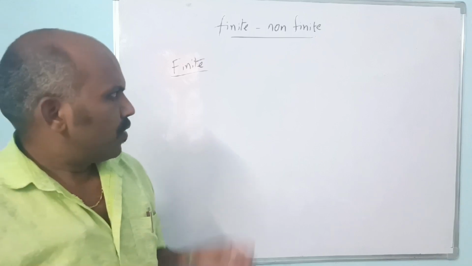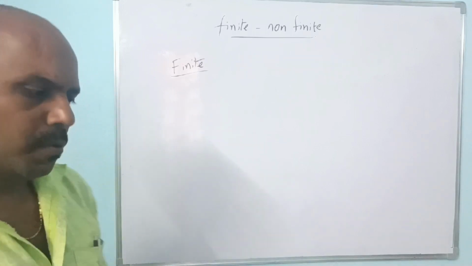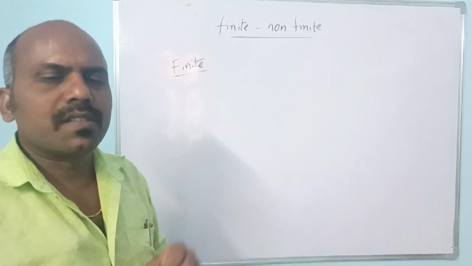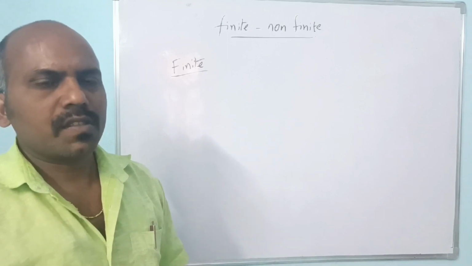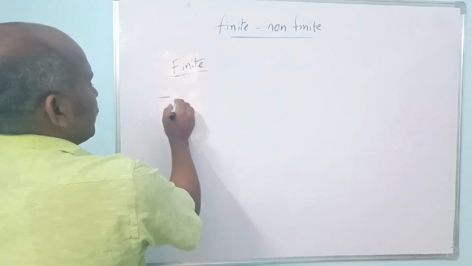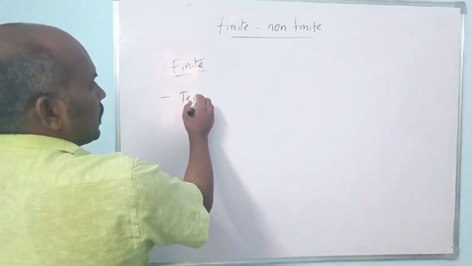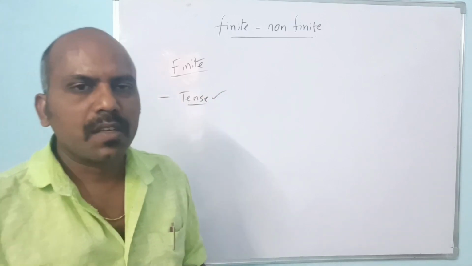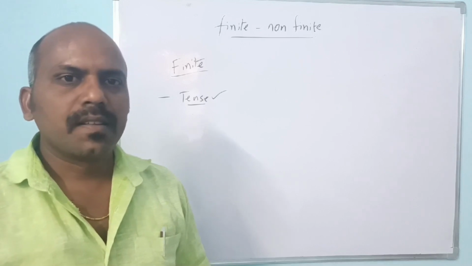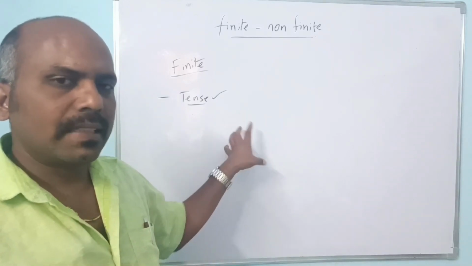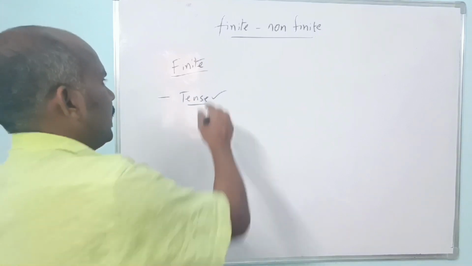If you want to identify whether a verb is finite, you first have to know tenses. If the sentence is in a tense, any tense, we have 12 major tenses, then in that sentence you will find a finite verb.